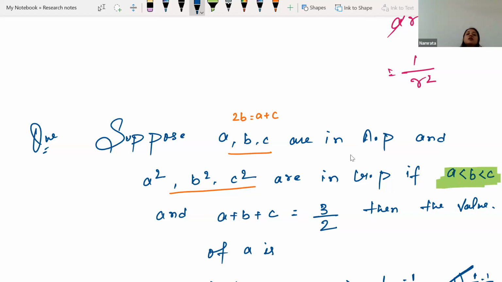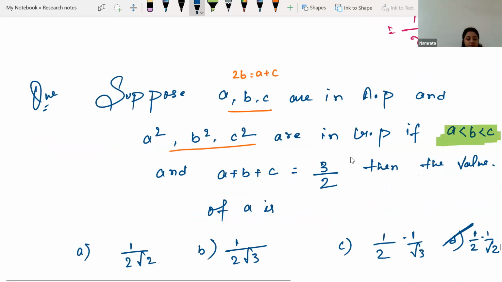We have solved all the cases, but we realized that two of the values of a are not acceptable, because a has to be smaller than b. Accordingly, we have taken a value which is smaller than b and we have marked the answer. Is it clear? Yes, ma'am. Let's move ahead.